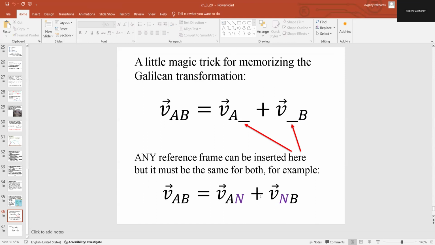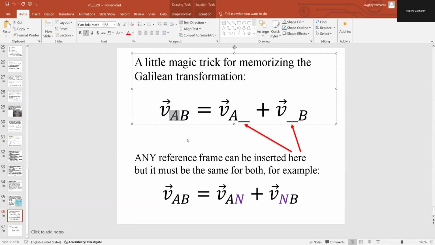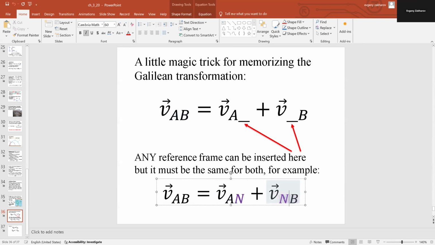So AN plus NB, N kind of cancels, and you're left with A and B. So once again, you have four spots, four subscripts to think about, and your first subscript that you want to end up with goes to the first spot. Your second subscript goes to the last spot, and the two spots in between are taken by the third component for the Gaussian transformation.